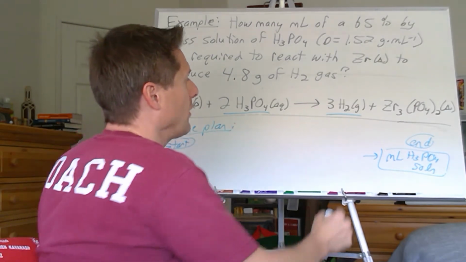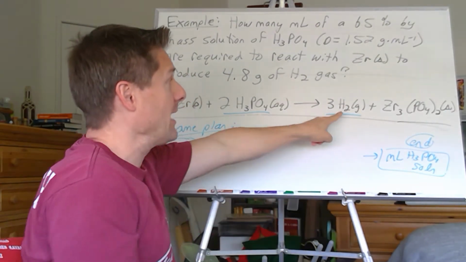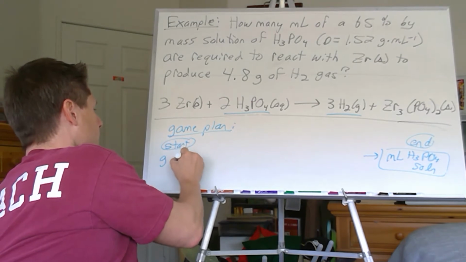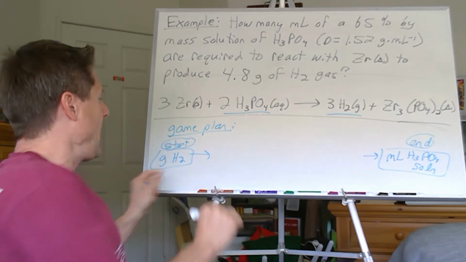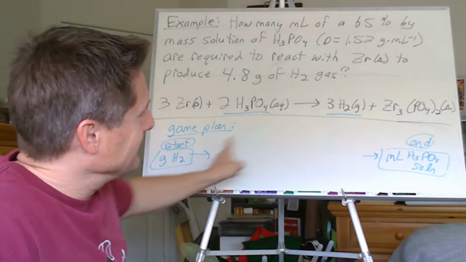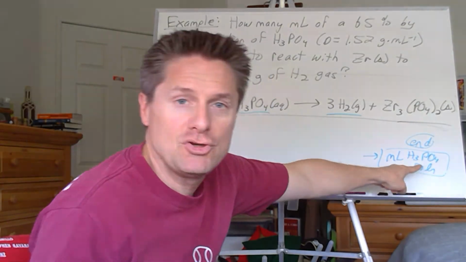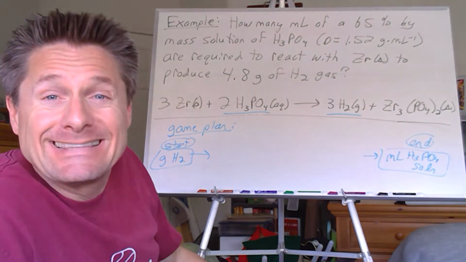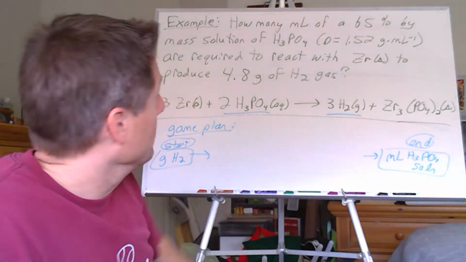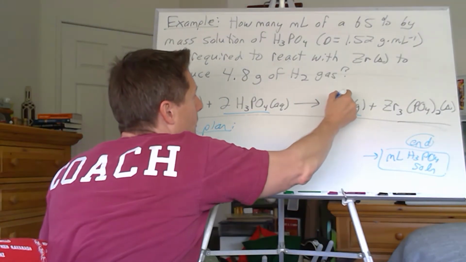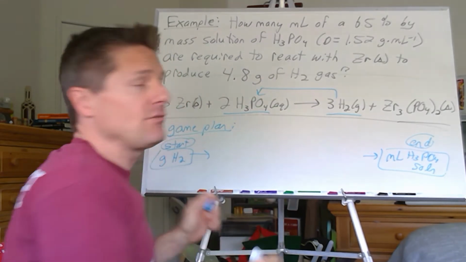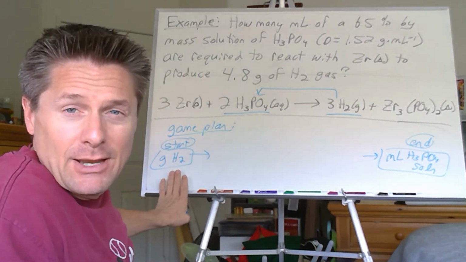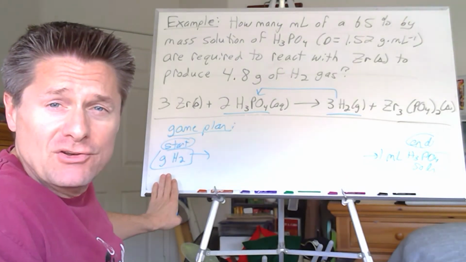So this is what I'm starting with. I'm going to take the grams of hydrogen gas right here, and I've got to get from hydrogen gas to phosphoric acid solution in a very succinct way, following the units. Now remember, when you're doing stoichiometry, that's moles. So take whatever's provided here and get to moles. Can we get grams of hydrogen to moles?